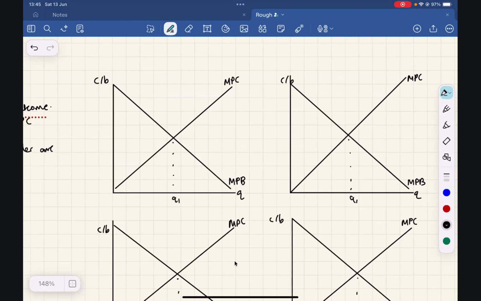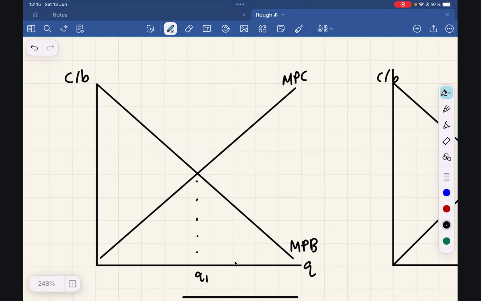Okay. So if I do it for this example, negative consumption externalities like chocolate. Actually, I'm just going to write fast food.